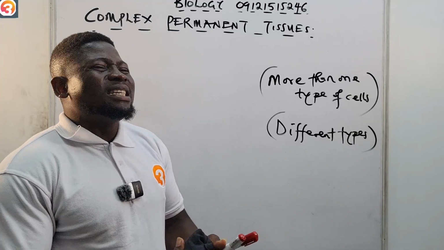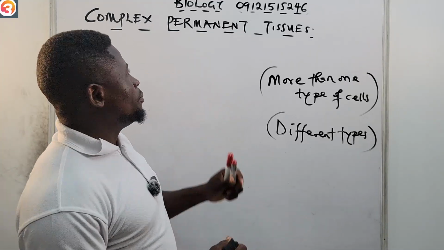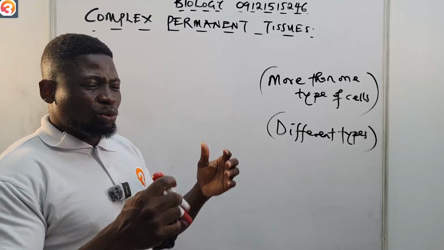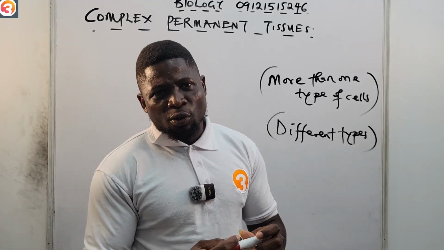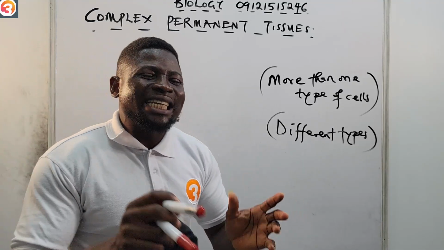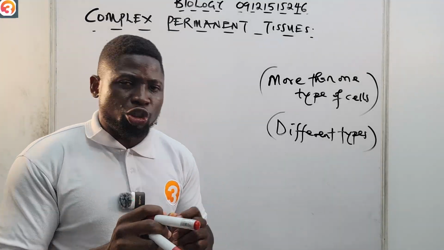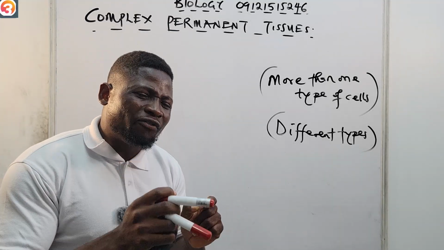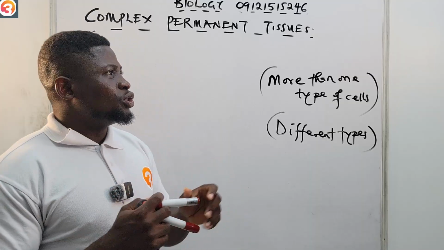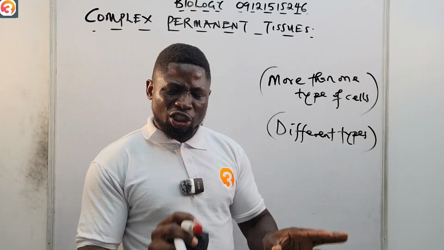So they come to perform the same function. Those are complex permanent tissues. Complex permanent tissues are those tissues in plants that are made up of more than one type of cell that work together to perform the same function. Those are complex permanent tissues.